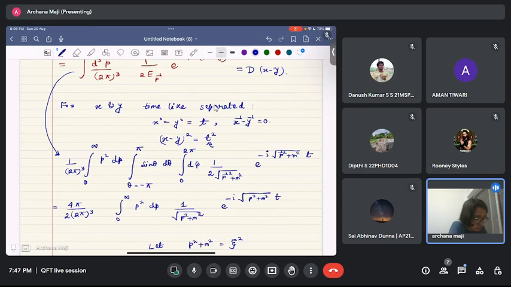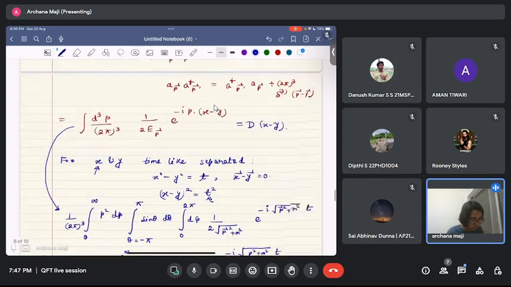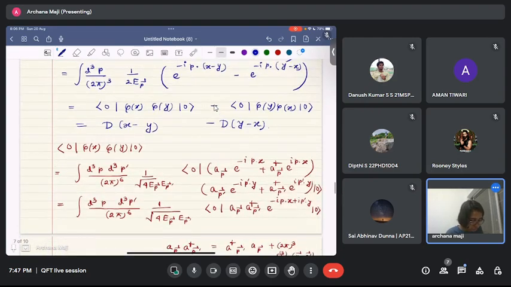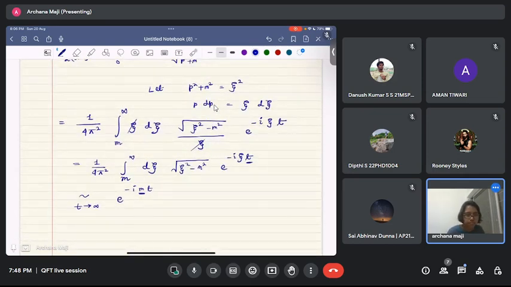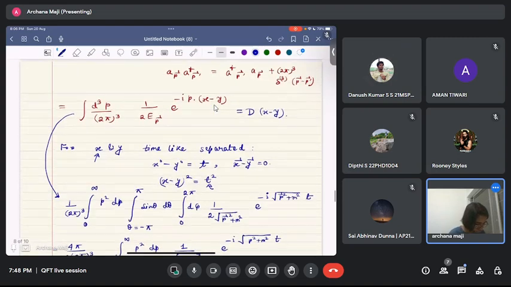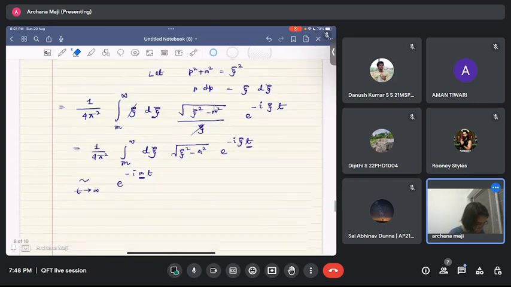It doesn't matter how much time apart the two events are happening, whatever you get for this propagator from y to x will turn out to be exponential minus i m t. That's the meaning. Oh, okay.